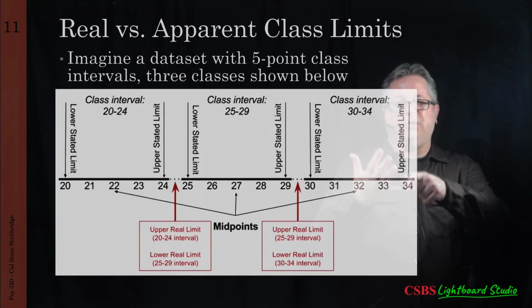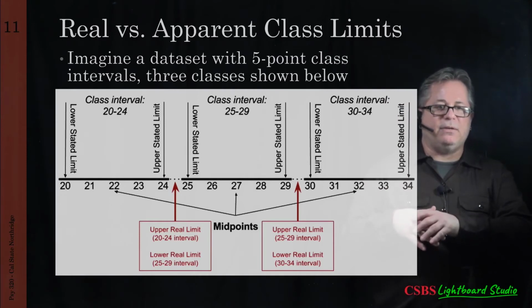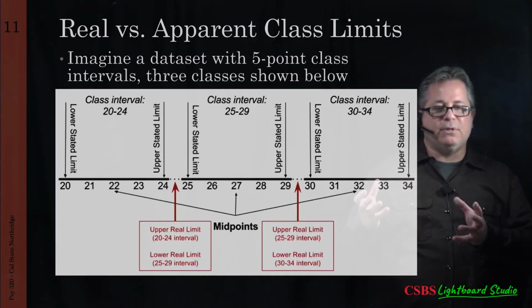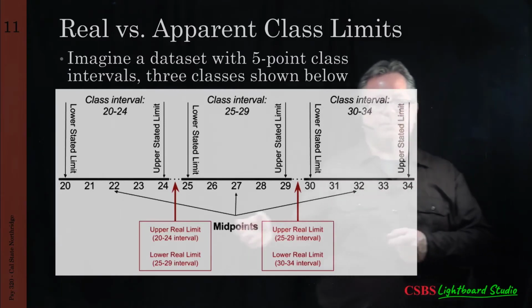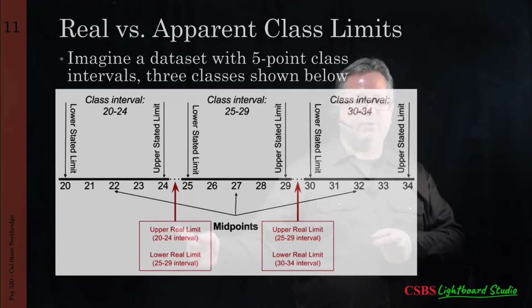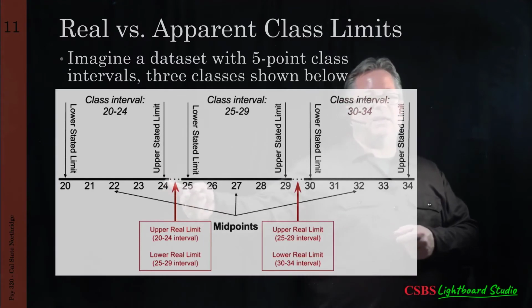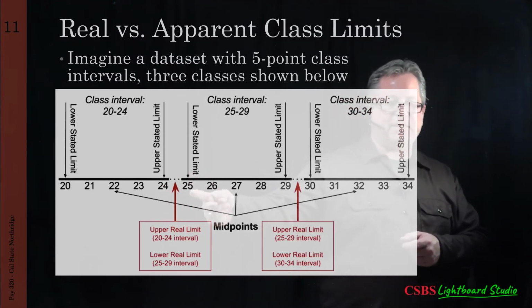So really, to include all of those numbers, the real class limits are actually outside of those numbers. If you look at the bottom, the real limit of the 20 to 24 interval is actually a number somewhere in between the upper end of this lower class and the bottom of the next highest class, right?